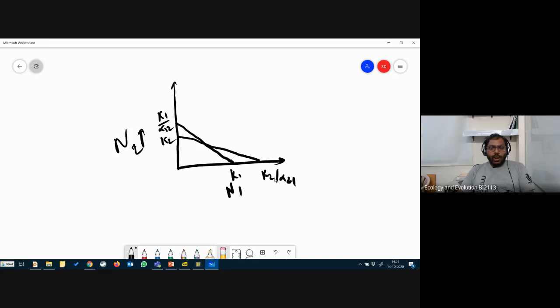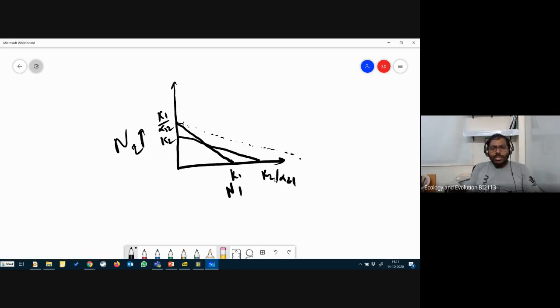See, in order for it to become competitively superior to species 2, what it has to do is to drive species 2 to extinction as much as it can. Now, the way to do that is for species 1 to basically make sure that its isocline goes above the isocline of species 2, correct?